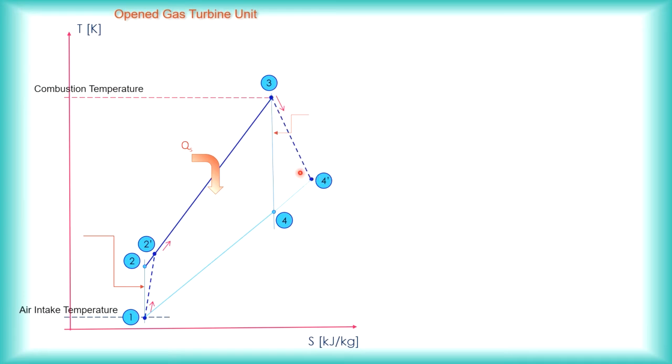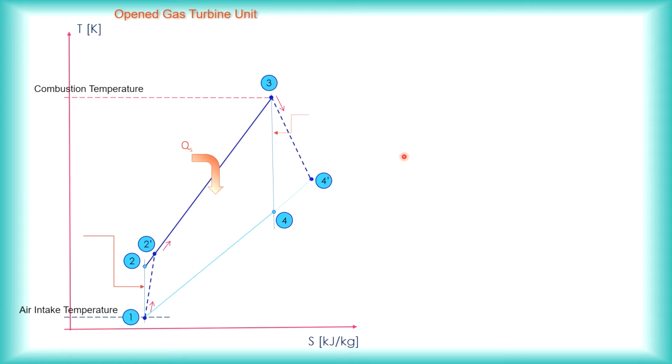From state point 3 to 4 prime and 1 to 2 prime, later on we will have a term called the isentropic efficiencies. The isentropic efficiencies will be defined. So it stops at 4 prime, and then the hot gases will be exhausted.